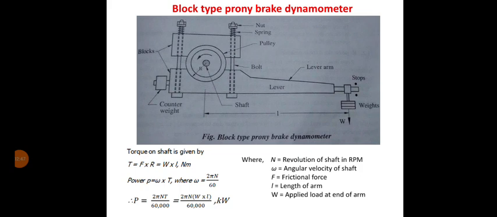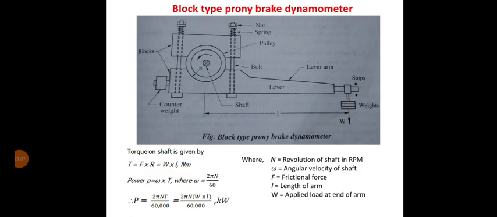You can observe this figure. The Prony brake dynamometer is used to measure the power of a rotating shaft. Here we have a shaft, as you can observe in this diagram.